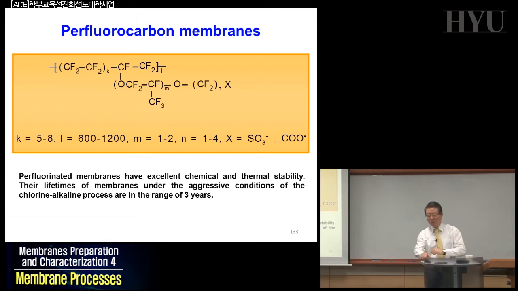What is it that you need? This is a very unique membrane. You have tetrafluoroethylene units in the backbone.